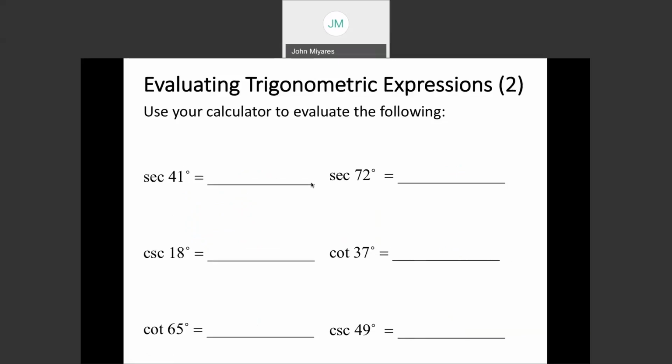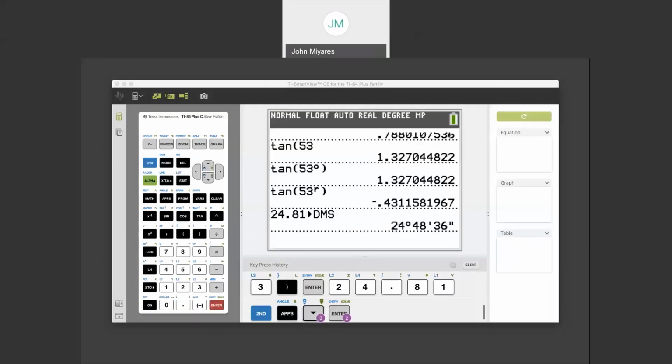Let's talk about how we're going to calculate the secant and cosecant of angles like these shown here on this slide. To do that, we're going to have to switch back to our calculator. The secant is the reciprocal of the cosine.